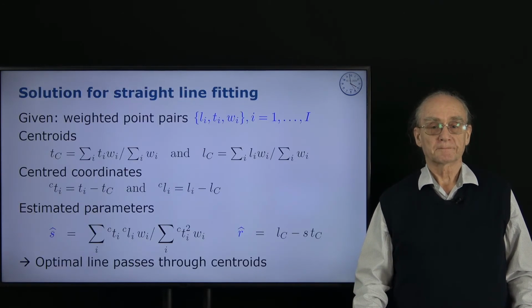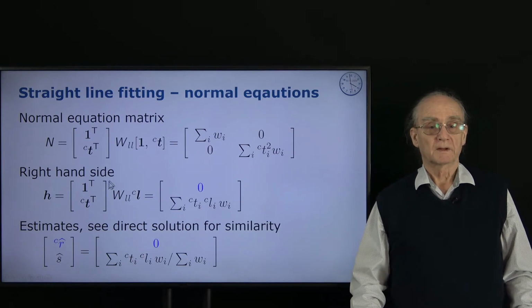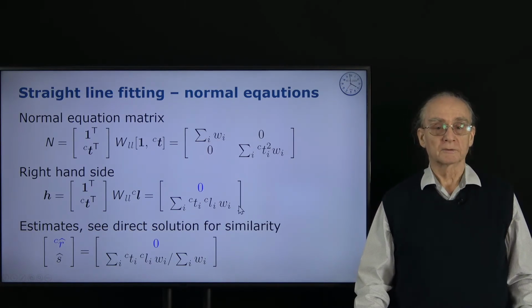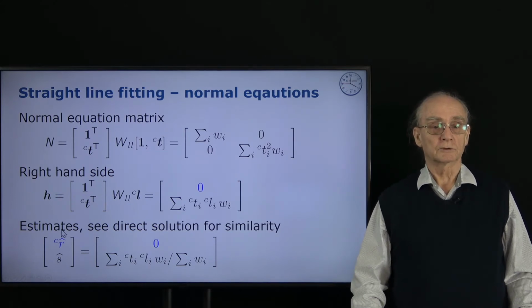So for the right-hand side, we already have guessed that the first expression is 0, and here we get this sum of the products of the observed values multiplied with the given values weighted. That means we directly can write down the solution.